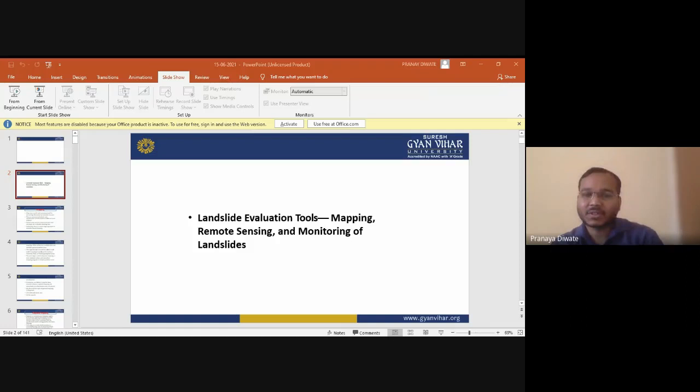That is the first important criterion for doing any kind of study, whether it is a landslide study or a volcanic study. Whatever your aim and objectives, you should have a specific boundary for your study.